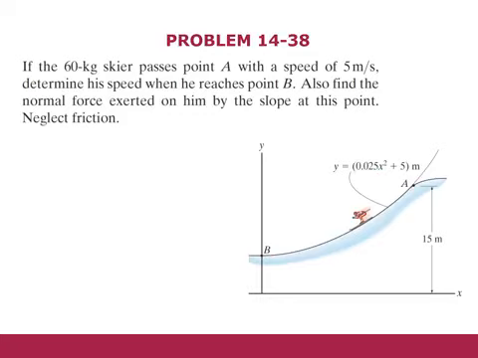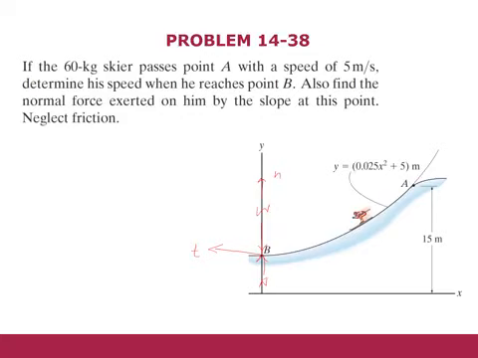At point B, we have a normal force, and we have a weight which is only applying in this direction. As the body is moving towards B, this is the tangential direction, and this is the normal direction.